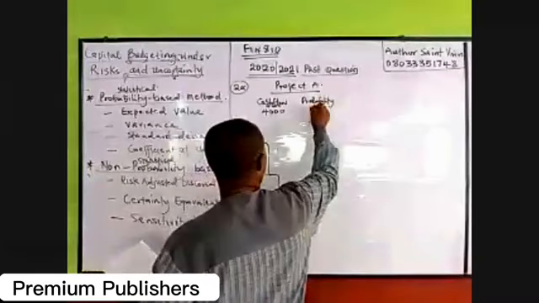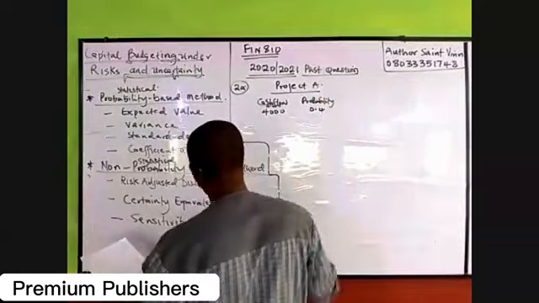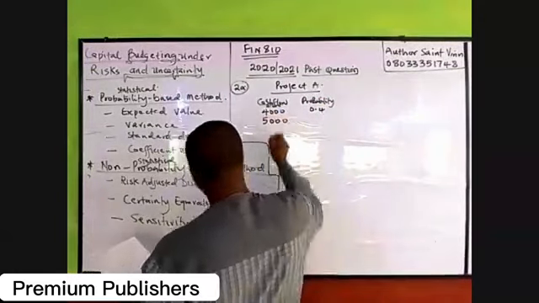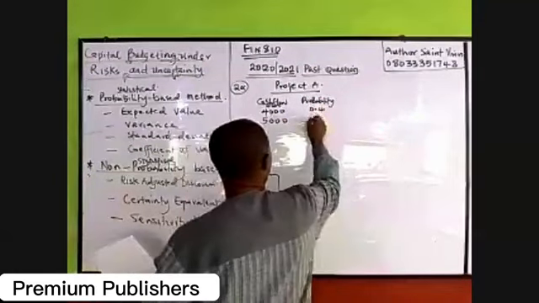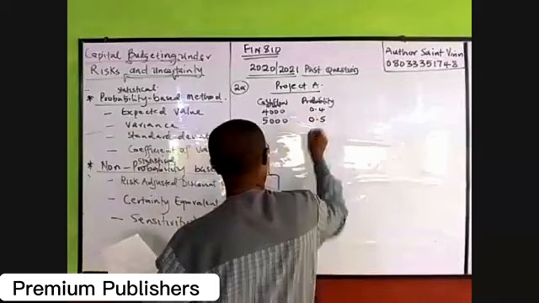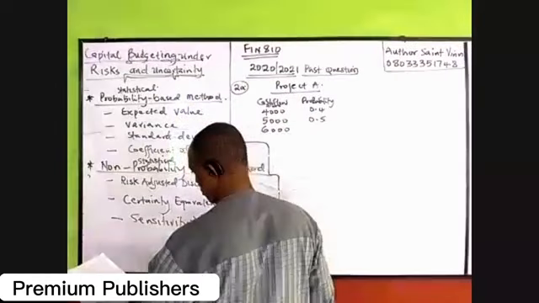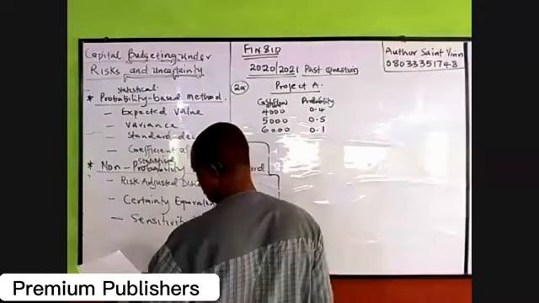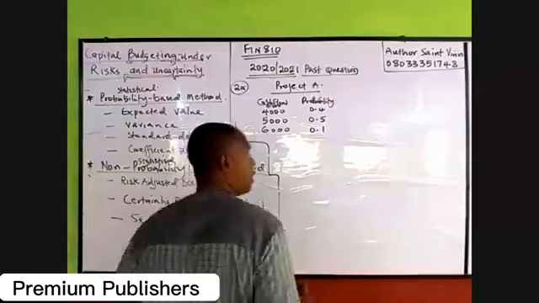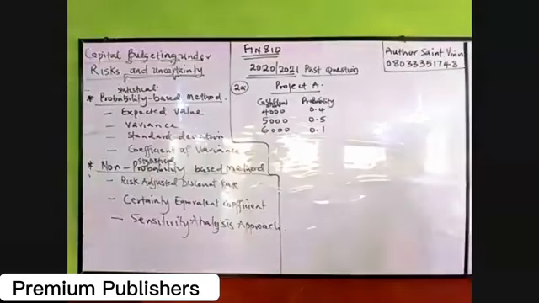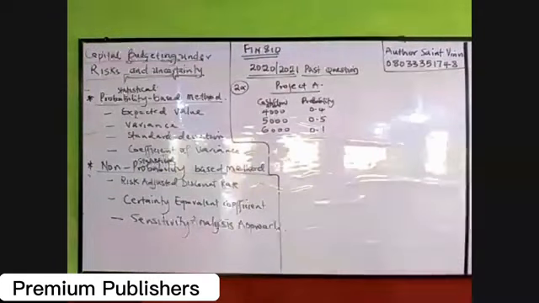The probability, 5,000, 0.5, 6,000, 0.1. This is the first one. Project A. Let's see how project A will be.